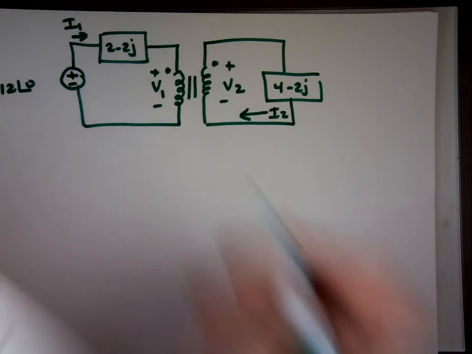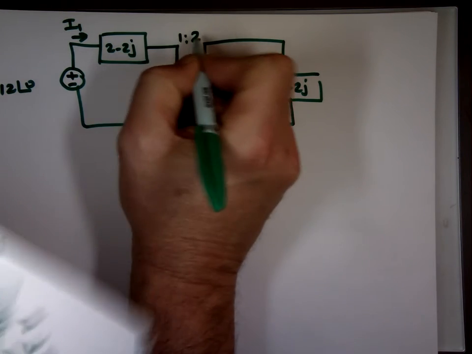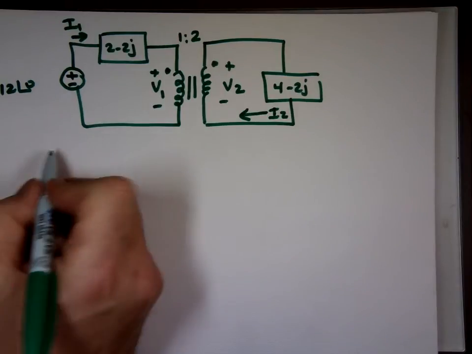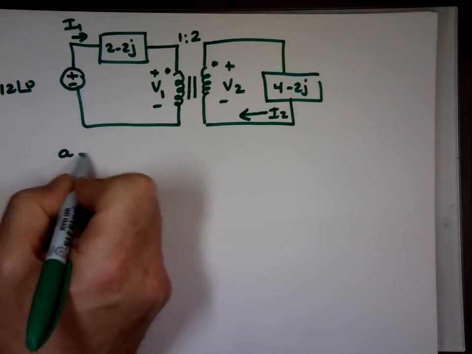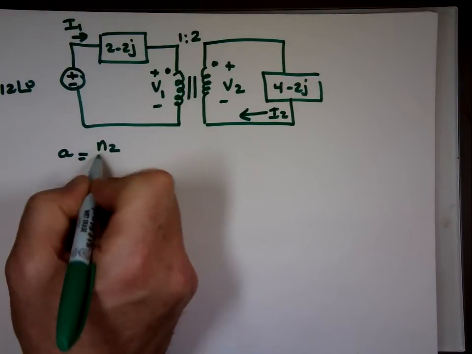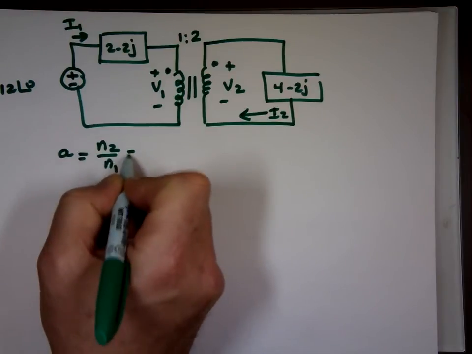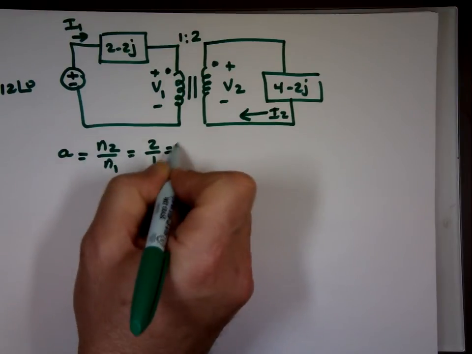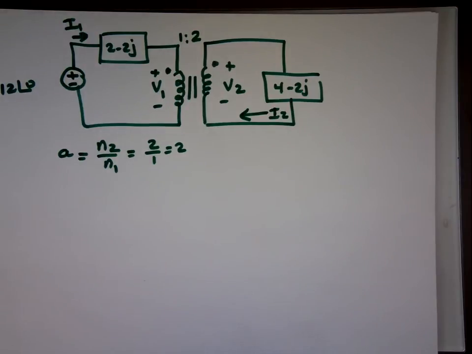And this is 1 to 2. Our book, I think we use the letter A. What was A? The ratio of, I think, N2 to N1, which is 2 to 1, and that's a 2. Can't remember if it's A or N. Our book used A.